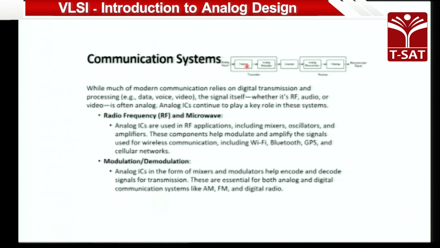Communication systems, right? Today when I'm talking, we are talking through a communication system only, and it seems like we are talking and you are in front of me and I'm talking to you, but generally it's not the case, right? Actually many things are happening. First, the signal which is going from me is in an analog interface.